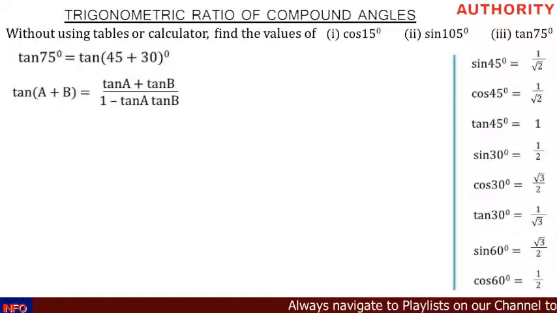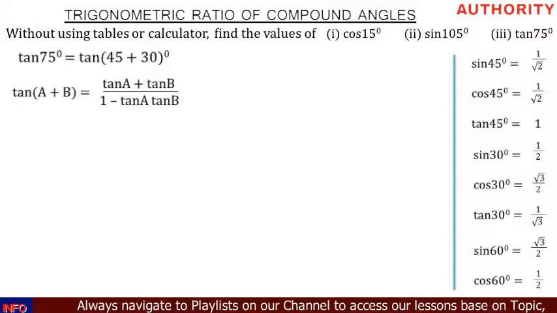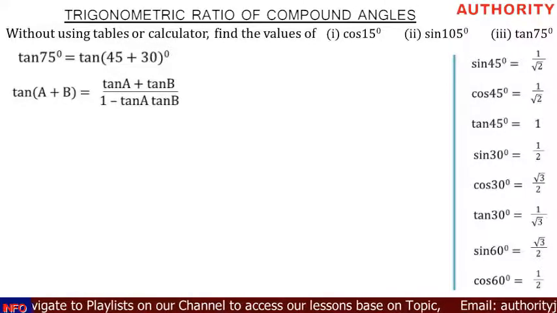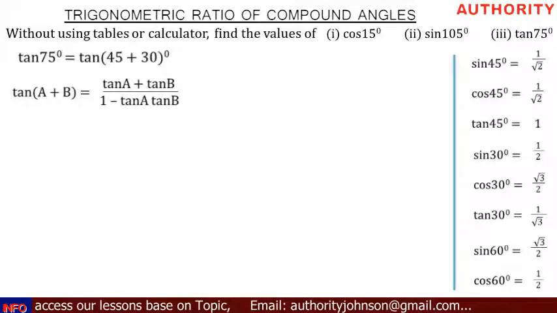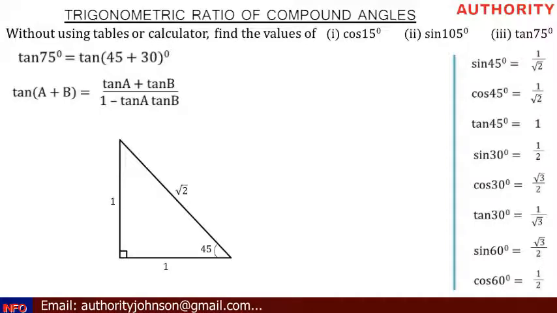So that means we're going to use the formula tan A plus tan B all over 1 minus tan A tan B to solve this. We're going to use our diagram to find the values for tan 45 degrees and tan 30 degrees. Let 45 degrees represent our A, and let 30 be our B.